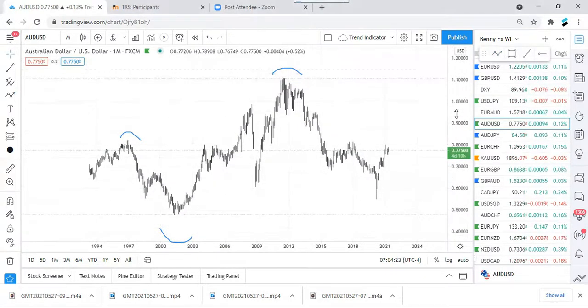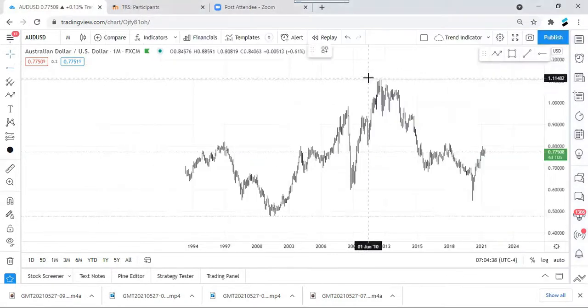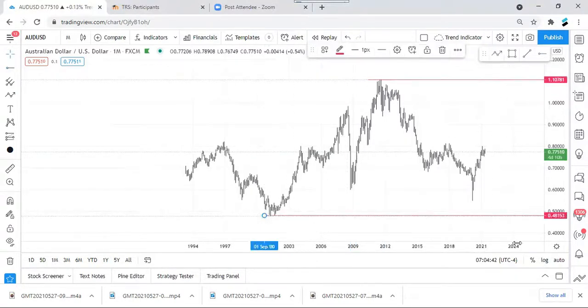So then I find between these three swing points, the highest high is this one. The lowest low is this one. Am I right? Okay.